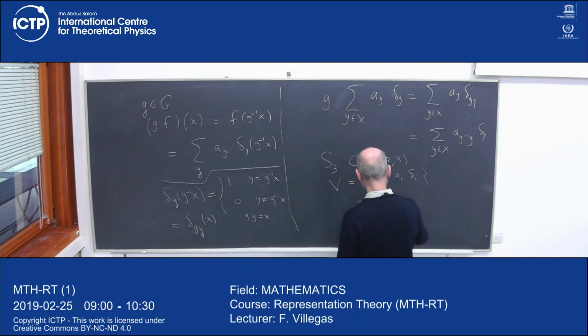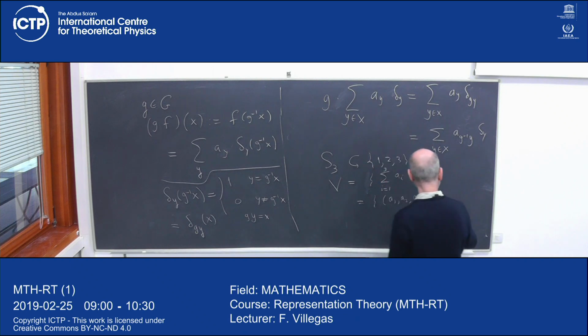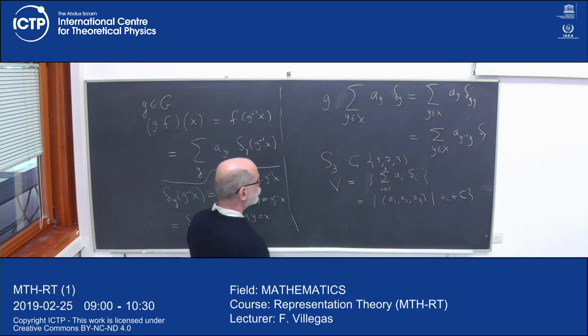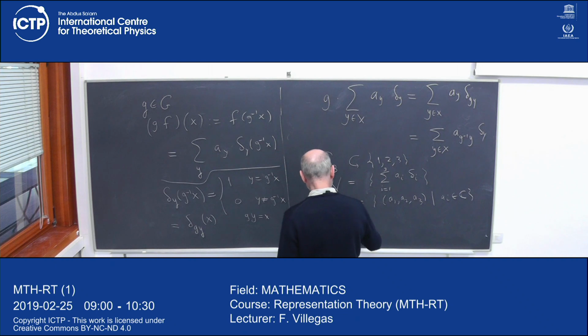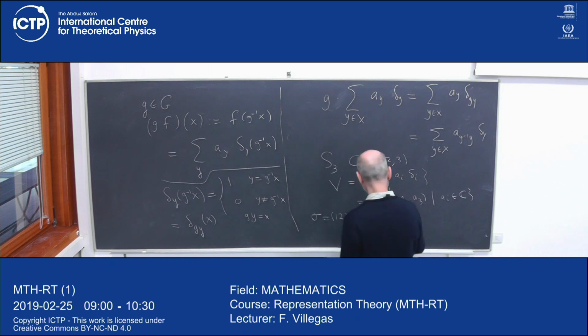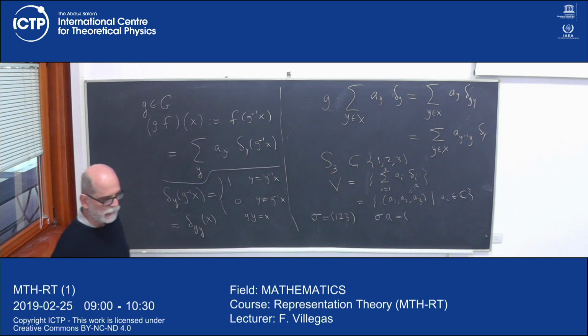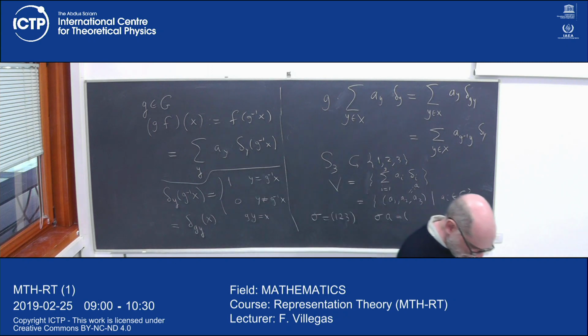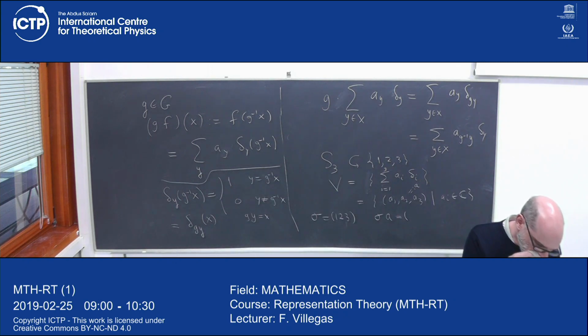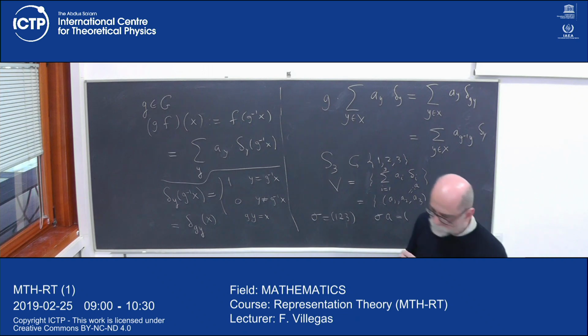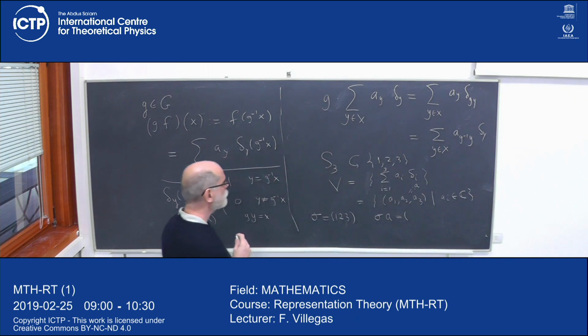Or if you like, you can just write this as vectors a1, a2, a3. So if I give myself the cycle 1, 2, 3, what is sigma of A? So let's call this thing A. A3, A2, A1?